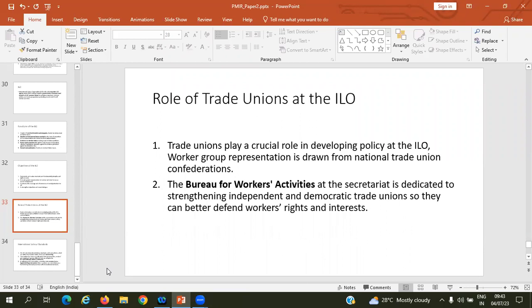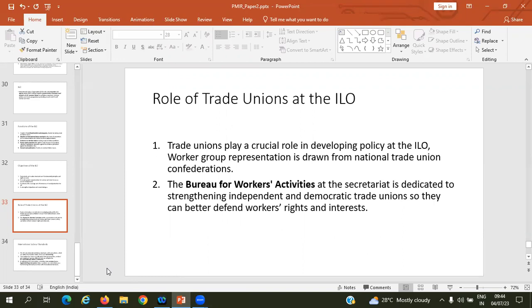One is the policy making activities, another is democratic activities. The democratic activities means, suppose one particular trade union is backed by a government organization, or one political organization.